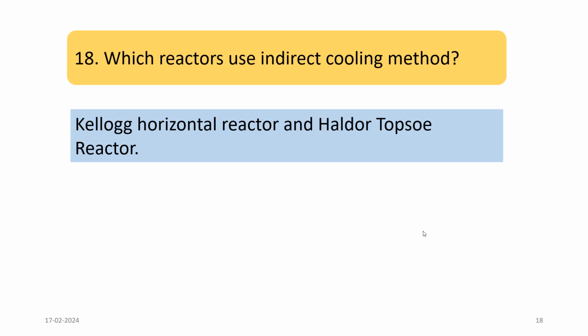Then again there is a catalyst bed where the reaction is happening, so repeatedly it is heated and then cooled again to process the whole ammonia synthesis. So these reactors use repeated stages of heat exchanger and catalyst bed to control the overall temperature of the ammonia. That is why it is called the indirect cooling method.